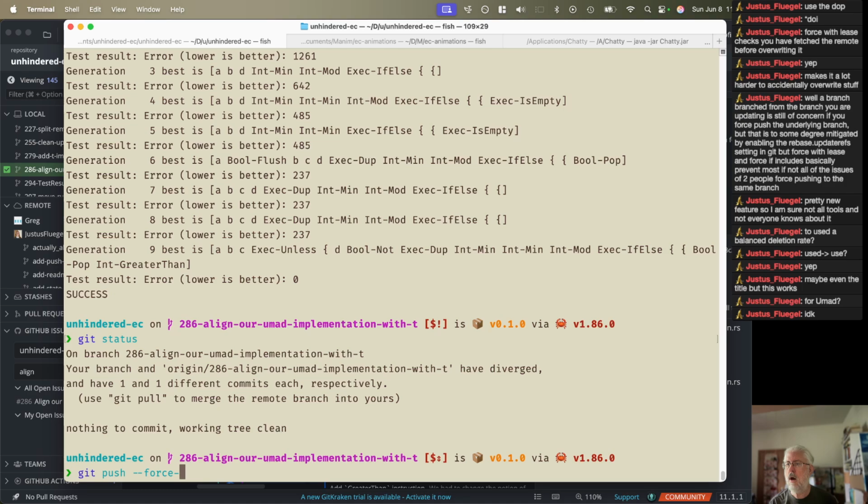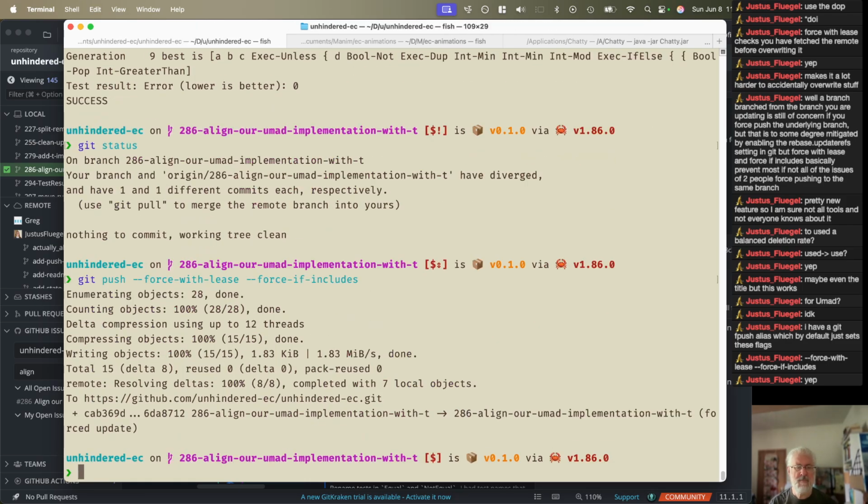What are the two things? Force with lease and force if includes. So I just do that, and in theory, magic will happen. Squeaky face. Okay. So it didn't say anything unhappy happened here.